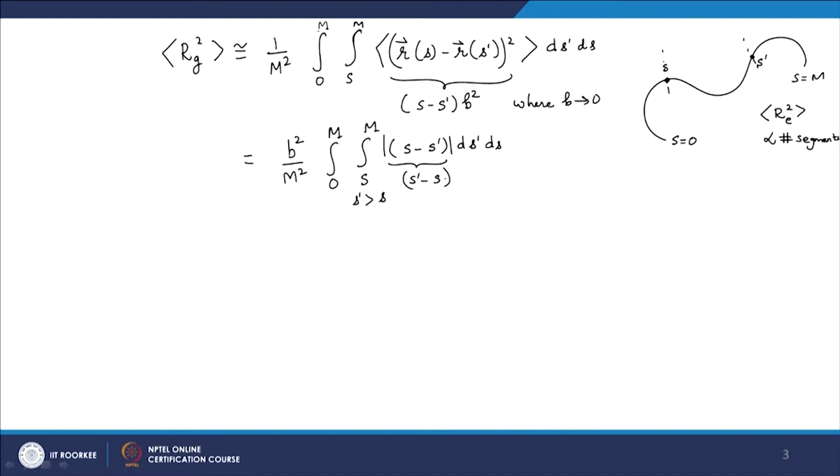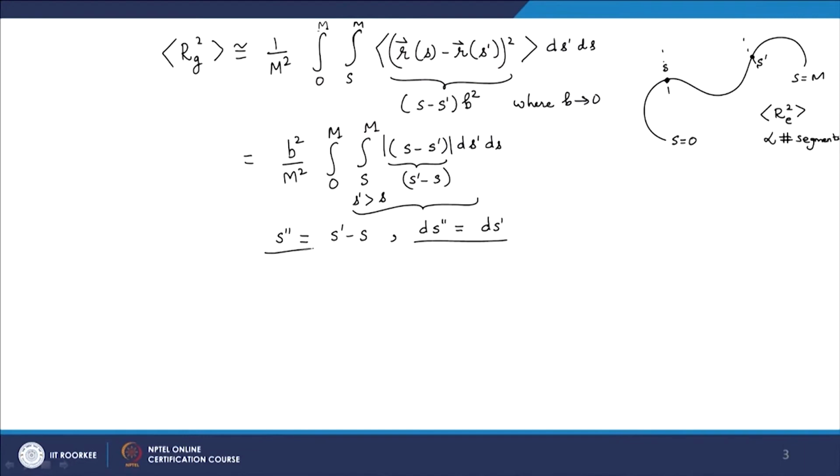Okay. So, now to do the integration I will define a new variable. Let us call this s double prime. This is equal to s prime minus s, and then if I do a ds double prime, that is equal to ds prime if I am interested in doing the inner integration. So, for the inner integration I am looking at s prime.